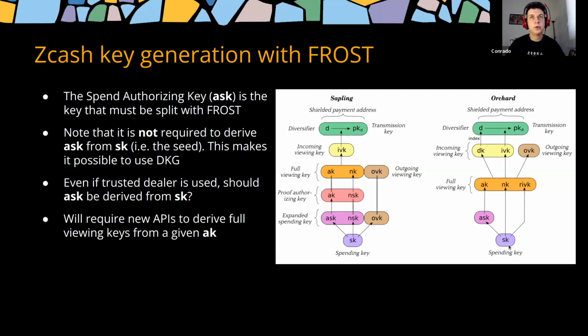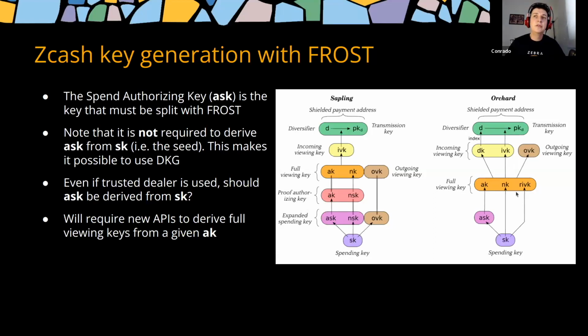There's nothing in the protocol that checks if this was done or not, which is good. So we don't need to do this derivation. We can generate a fresh ASK using the DKG, right? And AK is just a public key, so this is also generated during the DKG, and you can go forward with the key derivation.